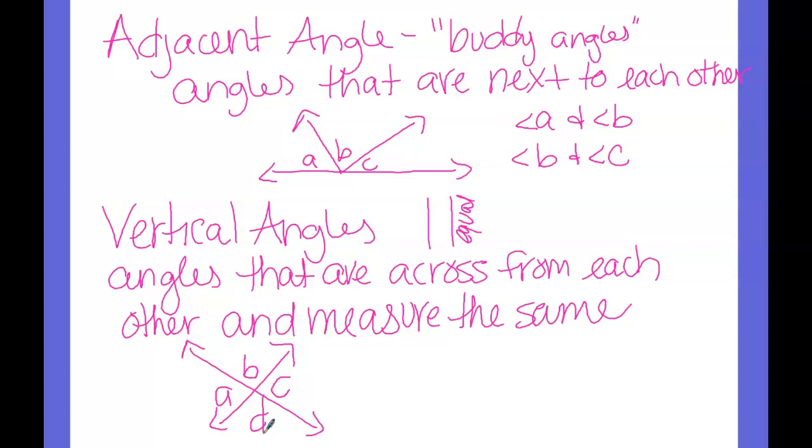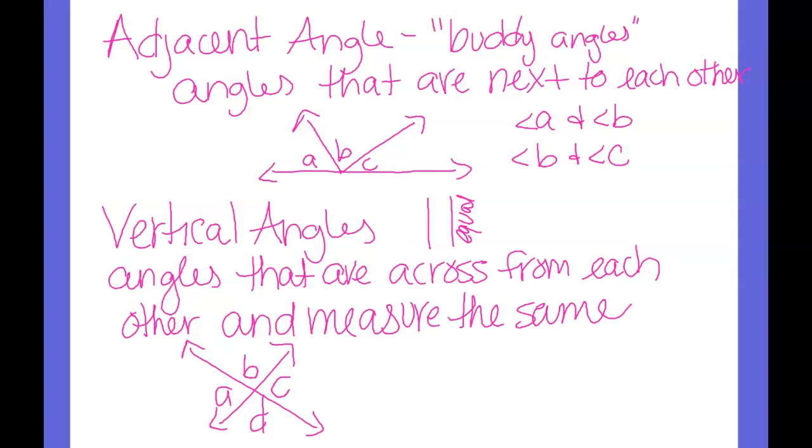So now with your highlighter, everybody at least has 2 different colors of highlighters in their team tub, right? Okay, so with your highlighter, somebody tell me a pair of vertical angles.